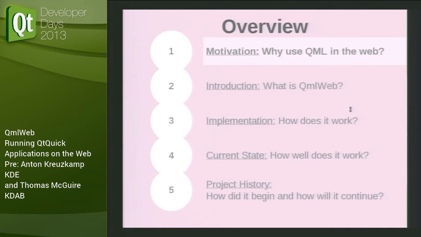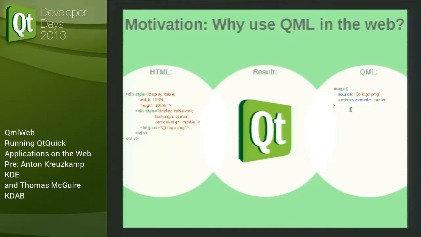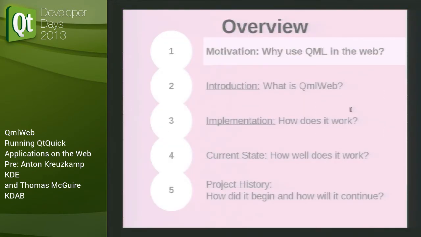Why at all use QML for web applications? We have HTML, we have CSS and JavaScript. It can do everything we need. Why would we need a fourth language? The next step is, what at all is that QML Web this talk is all about? Then how does it work?